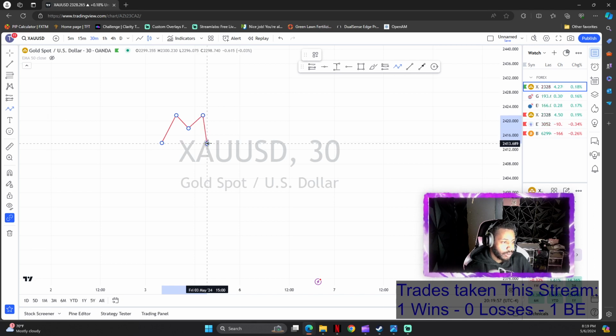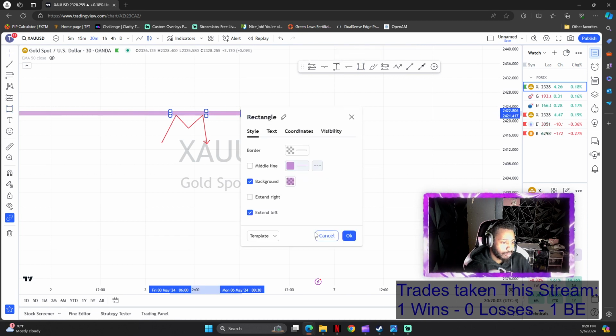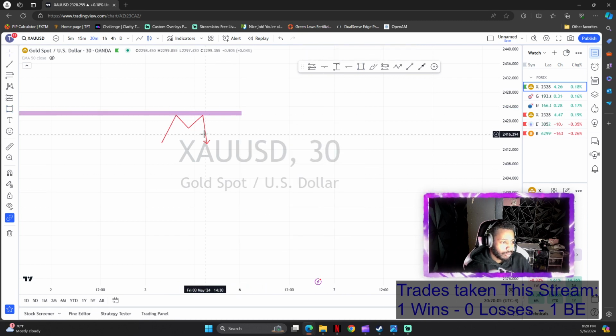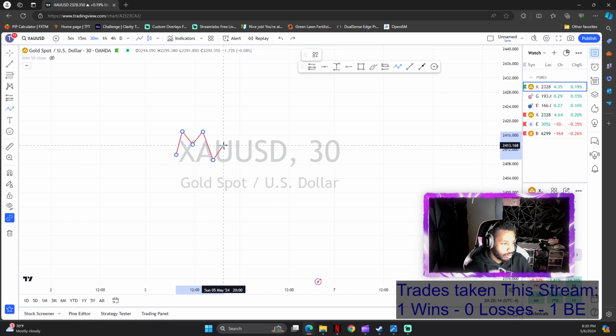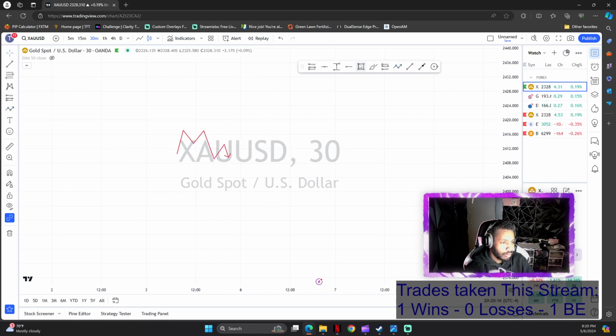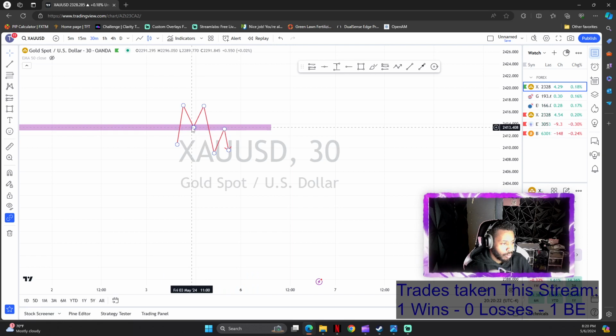If we have price do this, to me, this is not a level of resistance, right? But if price was to do this, then this becomes my level of support, because we have our support level respected here.